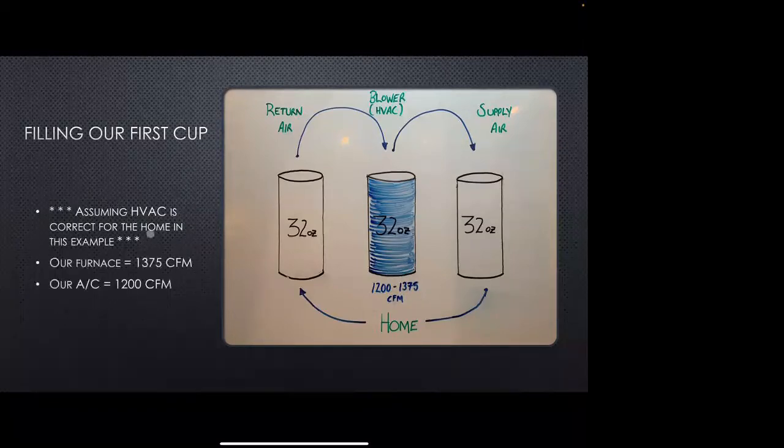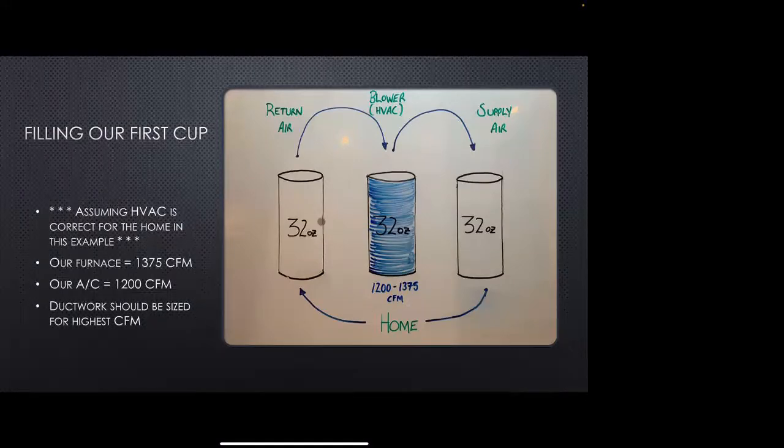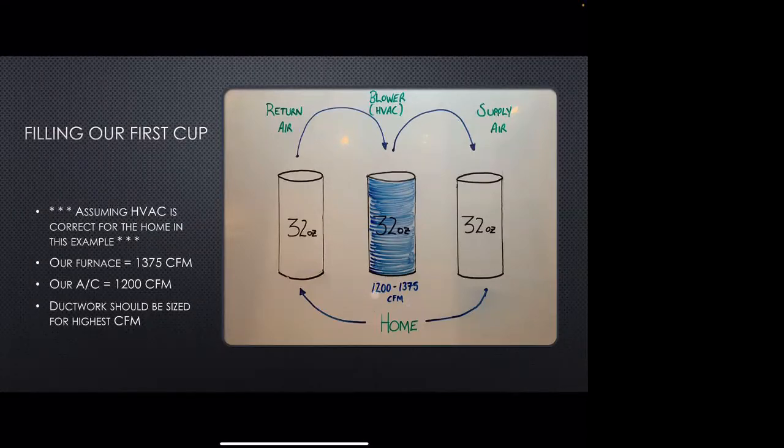Our furnace 1375, our AC 1200. Ductwork should be sized for the highest CFM. So should we consider our ductwork size for the 1200 or the 1375 CFM? 1375. Absolutely. So what we do is we fill our cup up.